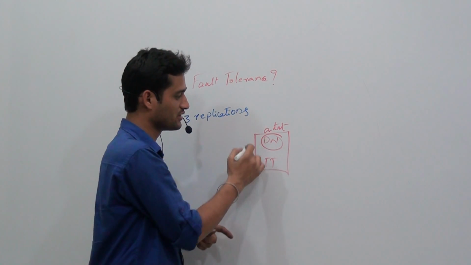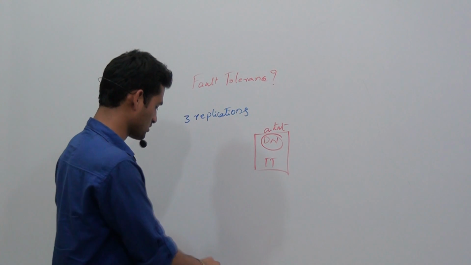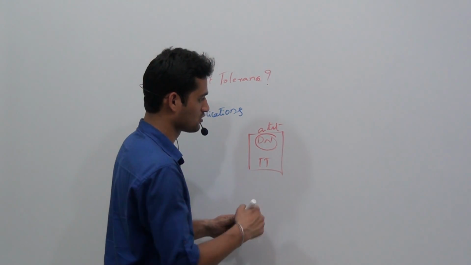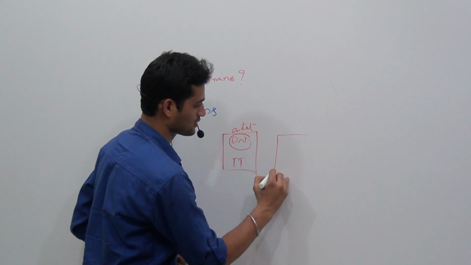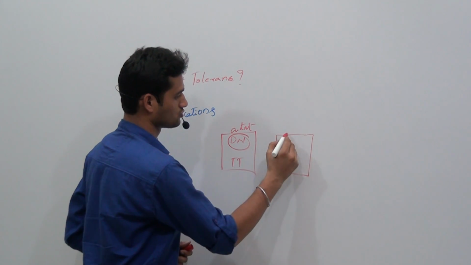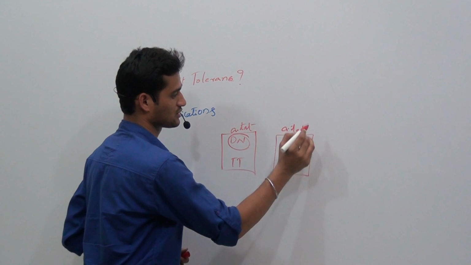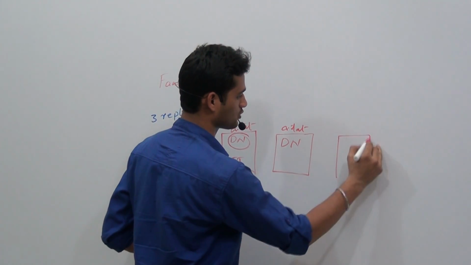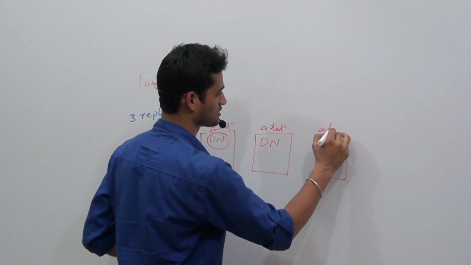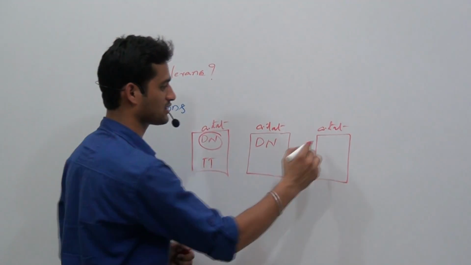In that sense, they have given two more data nodes to take the same a.txt file into their corresponding data nodes.